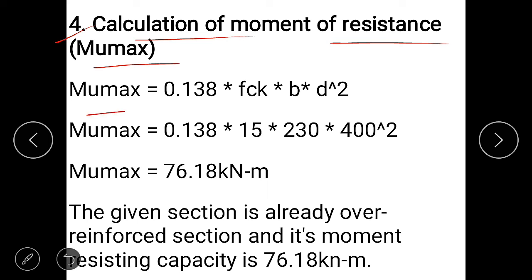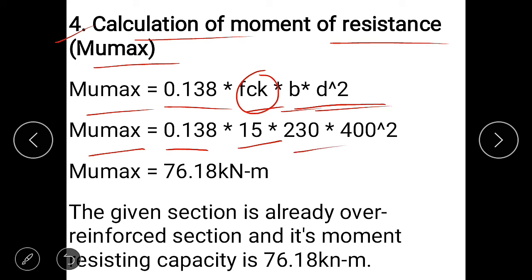Mu max is equal to 0.138 fck b d square. So Mu max is 0.138, fck is 15, b is 230 and d is 400 square. So Mu max is 76.18 kilonewton meter.